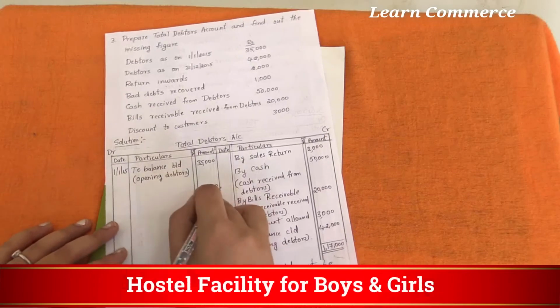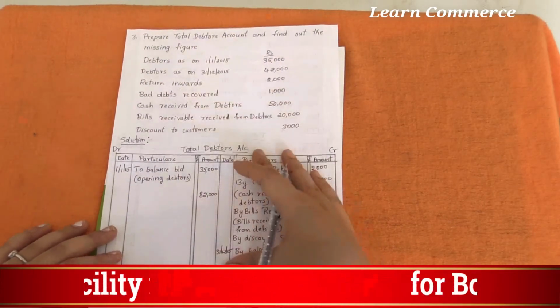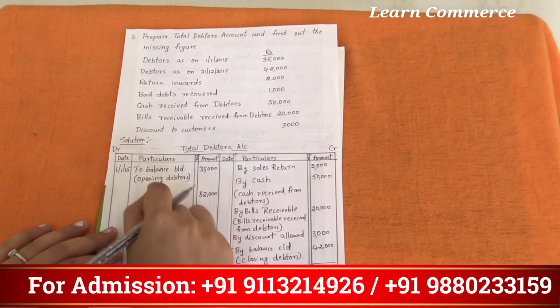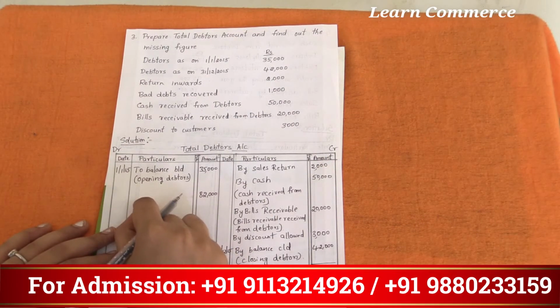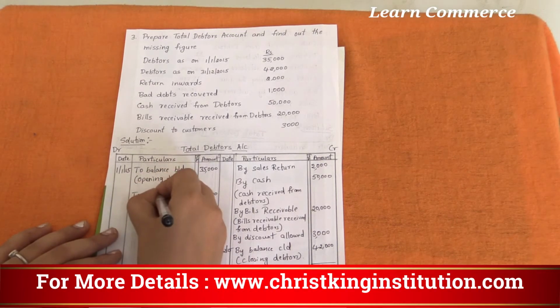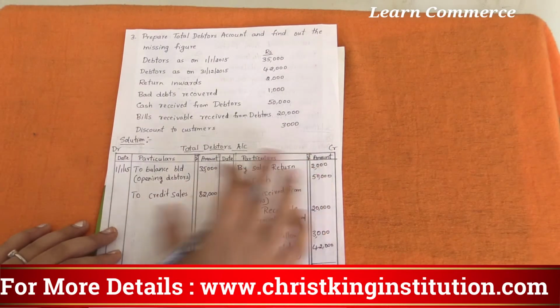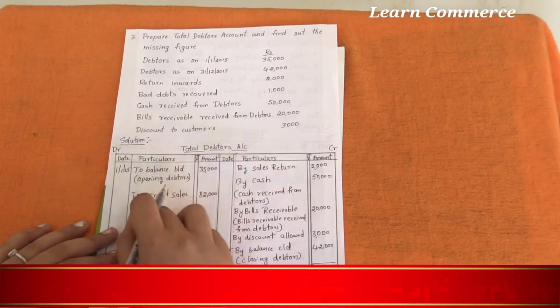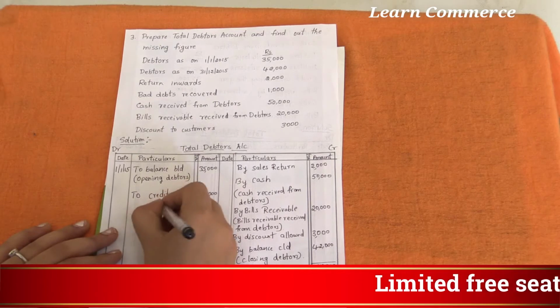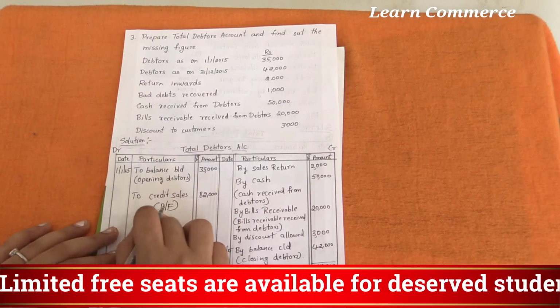So here, what is this 82,000? They asked to find out the missing figure. In this total debtors account, we missed this debit side, that is nothing but credit sales. That's why I told you to study the format of the total debtors account. Credit sales is the balancing figure, B bar F, we have to write balancing figure.